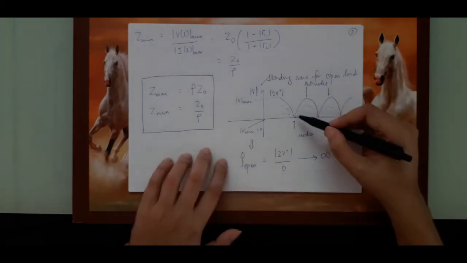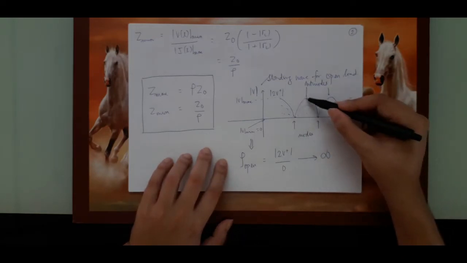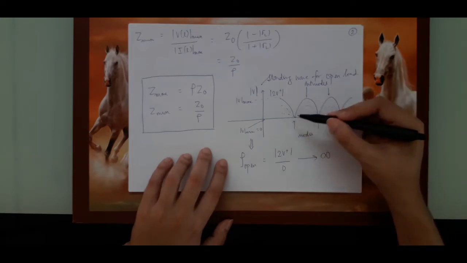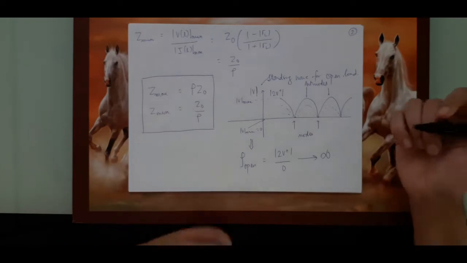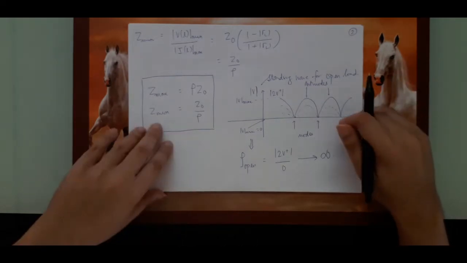In that case, the nodes will not be 0. There will be no clear nodes or antinodes. The antinodes will vibrate with some magnitude, while the nodes will also vibrate with some magnitude, which may be different. So this is one thing.